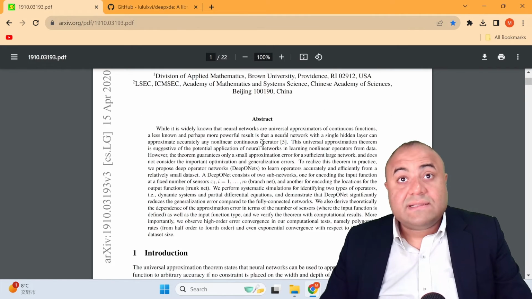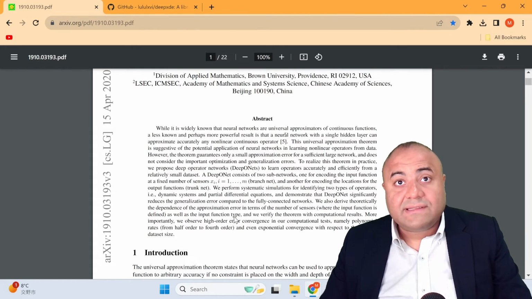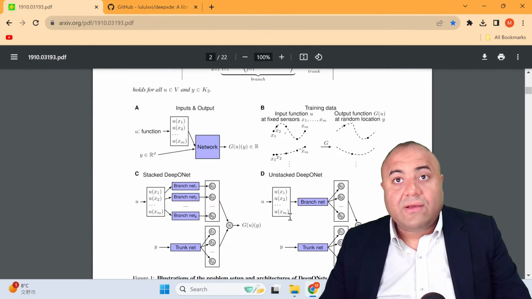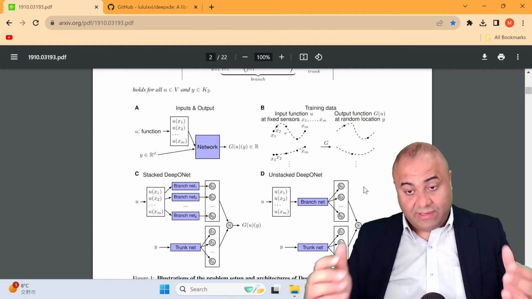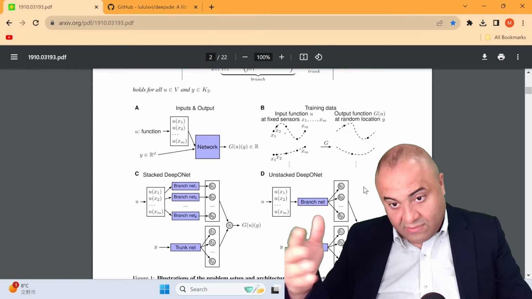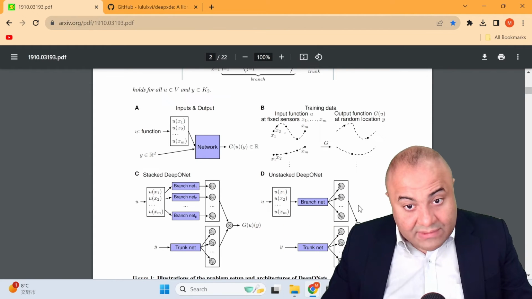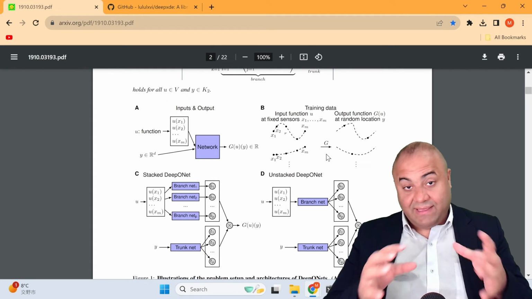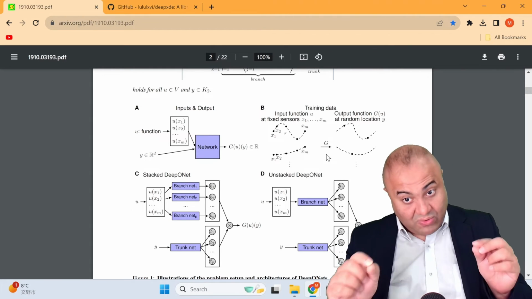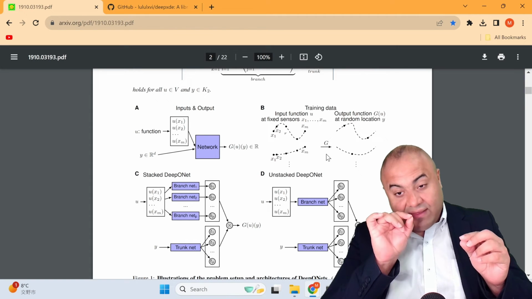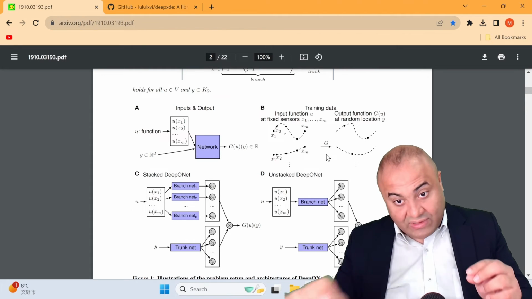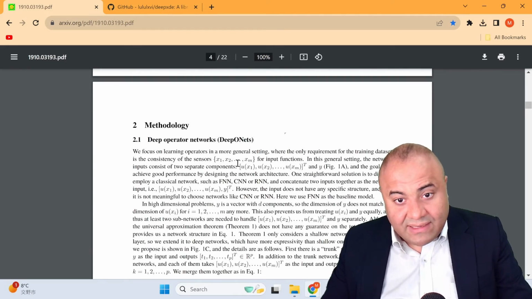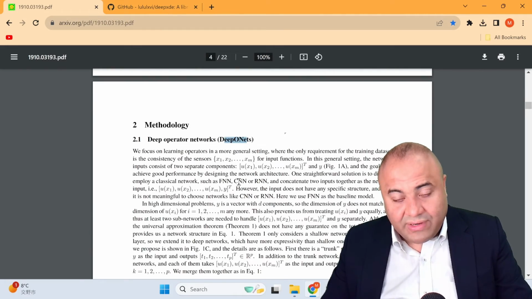So here we can see, of course, the abstract. What we care about is the way of applying it, which I showed in the slides. Again, the main idea is that a network should know the whole system plus the location at which it needs to calculate. So they apply it on two systems with DeepONet.